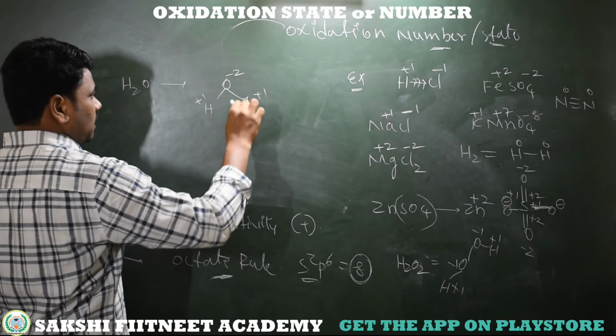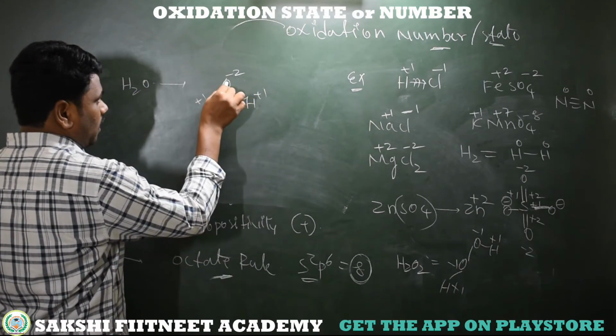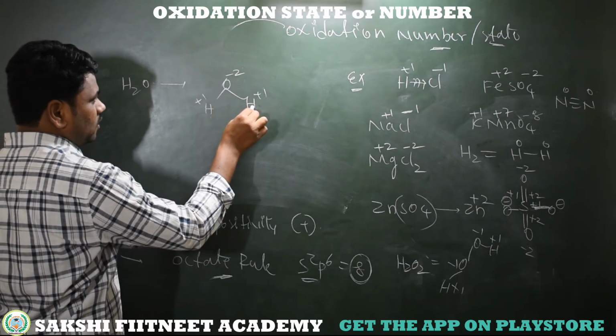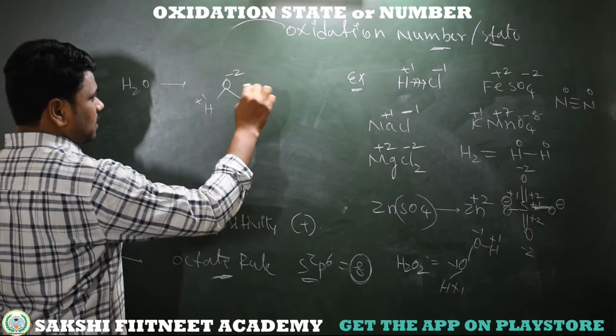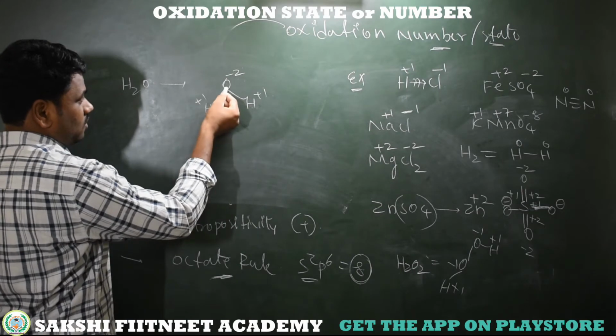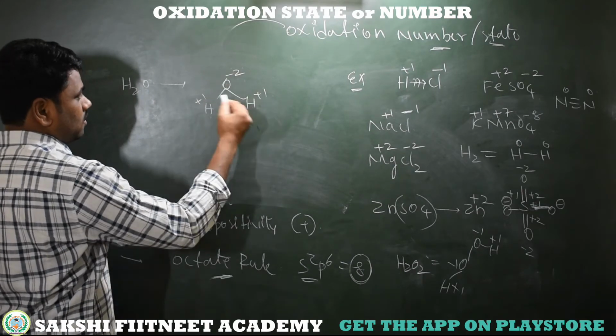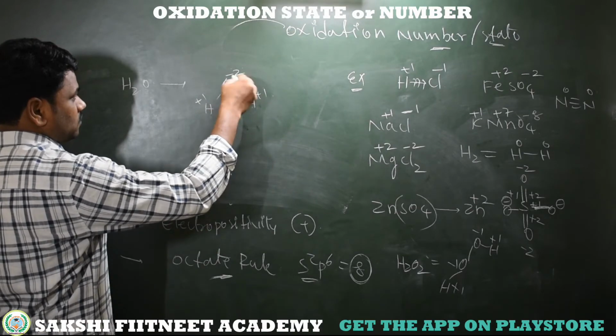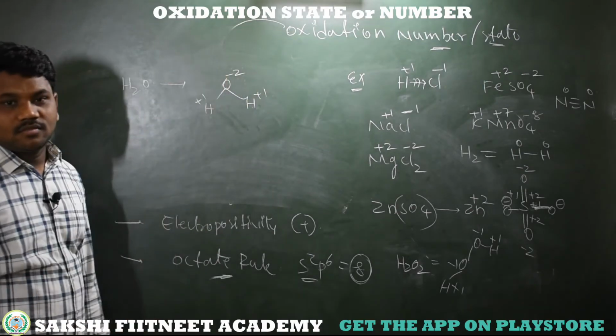See here, don't get confused. More electronegative become negative, less electronegative become positive, because displacing one electron towards oxygen, -1 +1 -1 +1, so -1 -2. Getting?